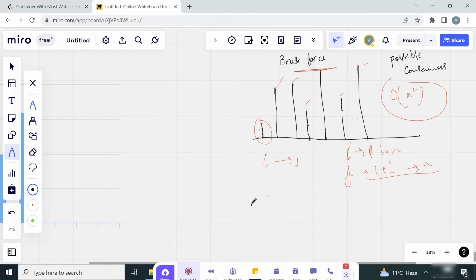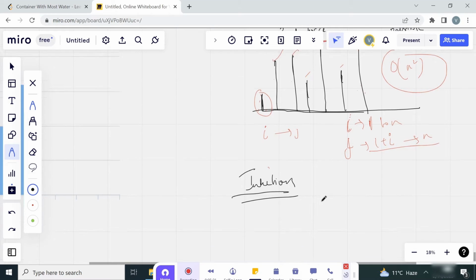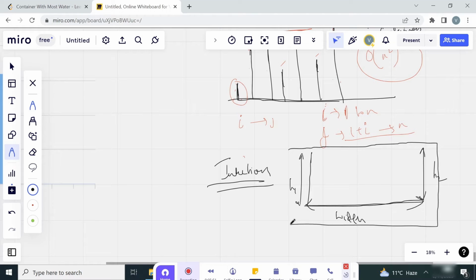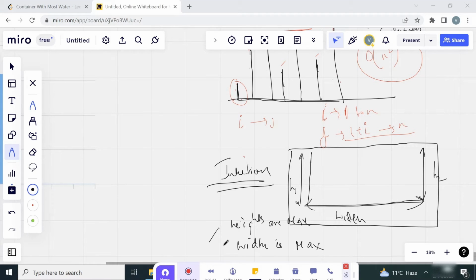It is obvious that a container with the largest heights and the largest width, where the width is the distance between any two lines and there are heights h1 and h2, will have the maximum water stored. When the heights are maximum and the distance between the lines is maximum, that will be the largest container to store the maximum amount of water.